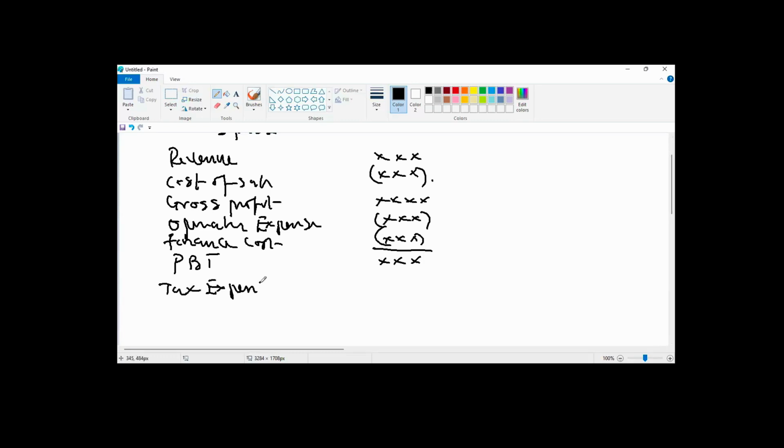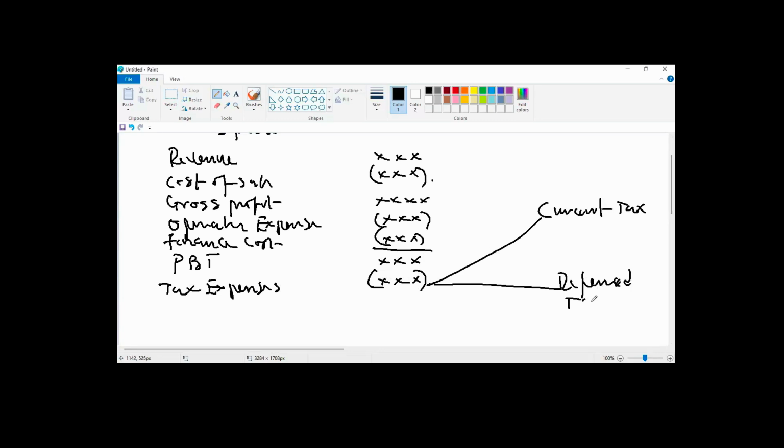Follow me, please. This tax expense I'm listing is a combination of current tax and deferred tax, which we are going to get into very well now. The tax expense that goes to the P&L has this combination, current and deferred tax.